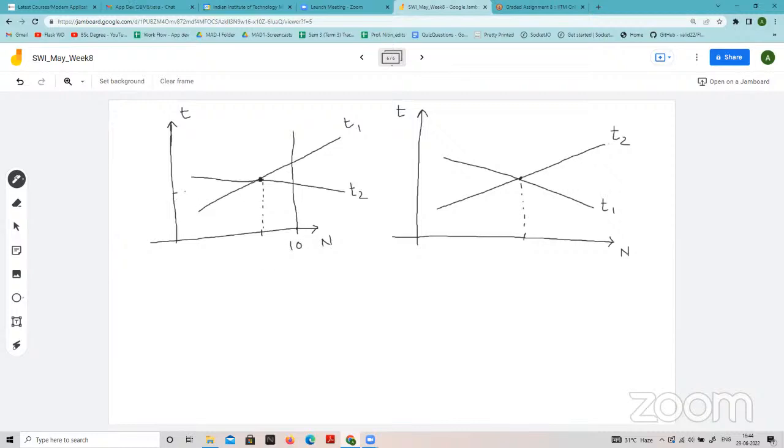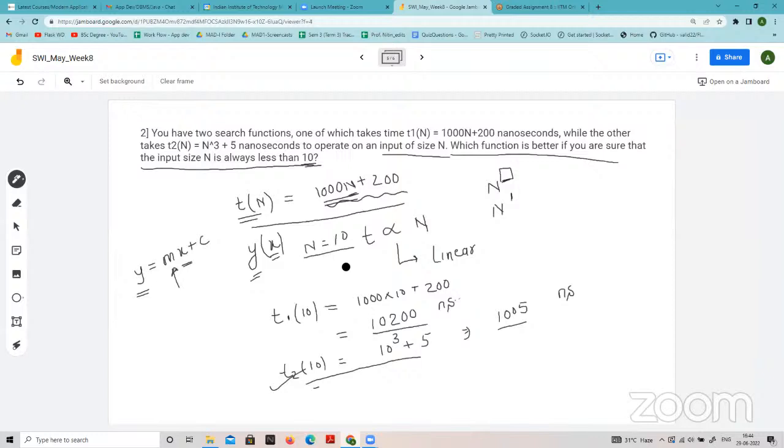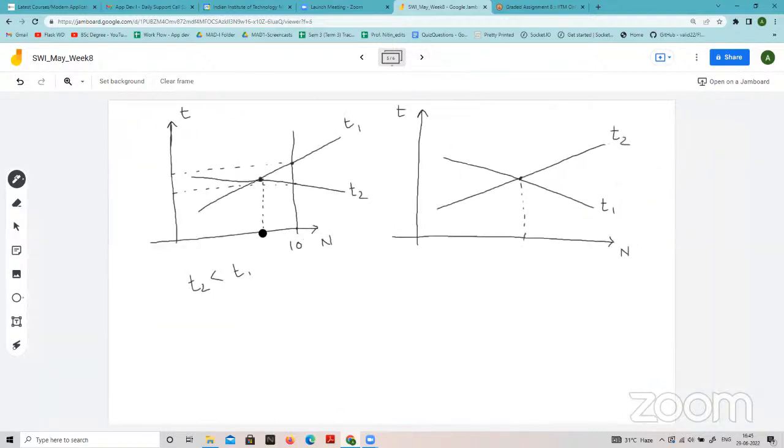If I take the projection of these two points on the y-axis, I can see that T2 is less than T1, which is the case we are handling. At n equals 10 we got 1005 for T2, and 10200 for T1. So we are assuming that this is the case.